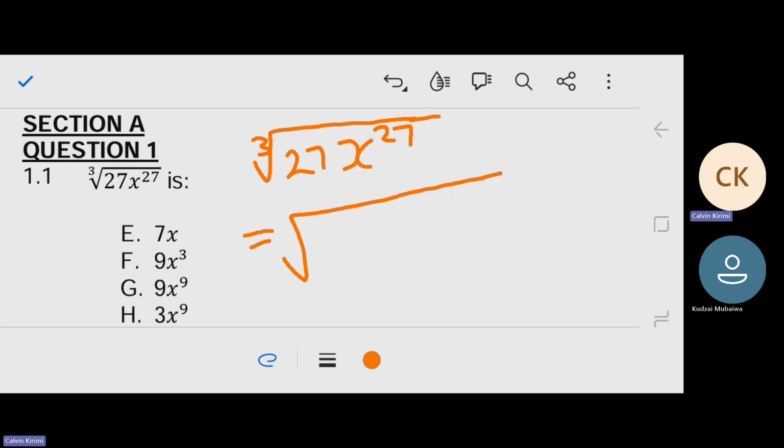So we are saying the cube root of that. What is the approach? We start by getting the cube root of 27. Which three numbers did we multiply to get 27? It would be 3 times 3 times 3. That is what we multiplied. What about x to the power 27?